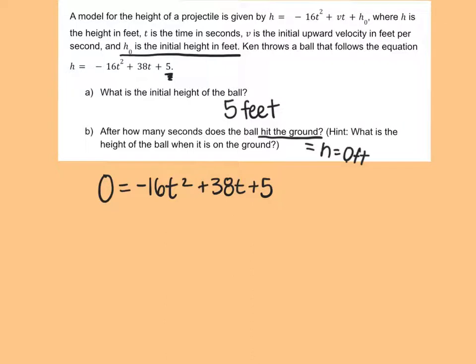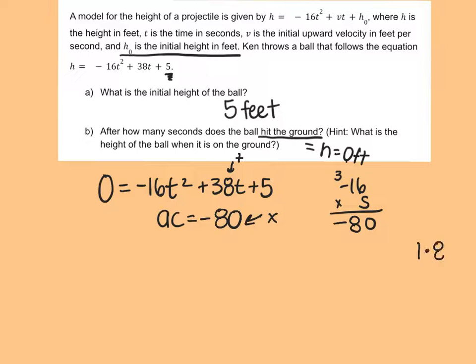So getting started with this, AC, negative 16 times 5. And it's negative times positive, so it's negative 80. Now I'm looking for two numbers that multiply to negative 80 and add to positive 38.